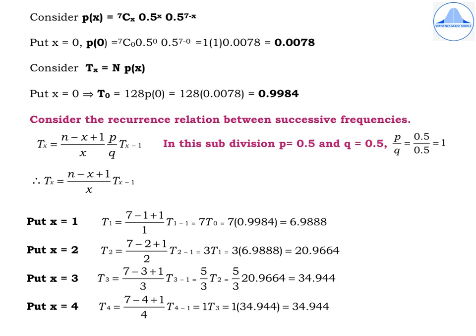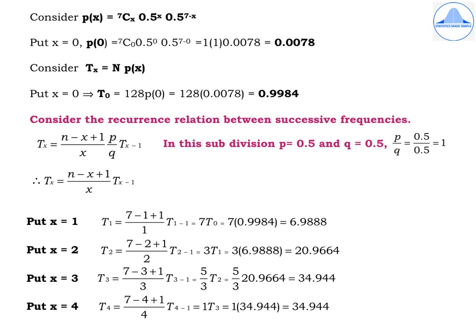So you'll get T0 equal to capital N is 128 into P of 0, which is 128 into 0.0078, which is 0.9984. Now that we know the value of T naught, we can use the recurrence relation between successive frequencies of the binomial distribution to obtain the remaining theoretical frequencies, that is T1, T2 up to T7.